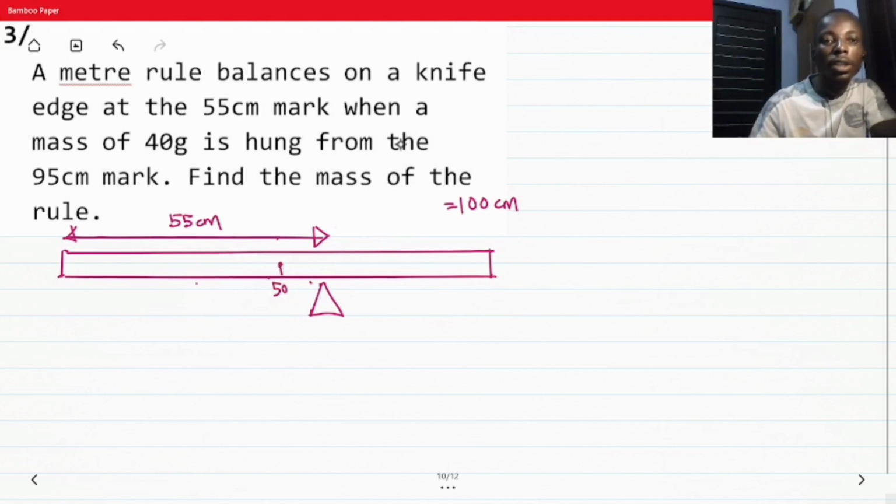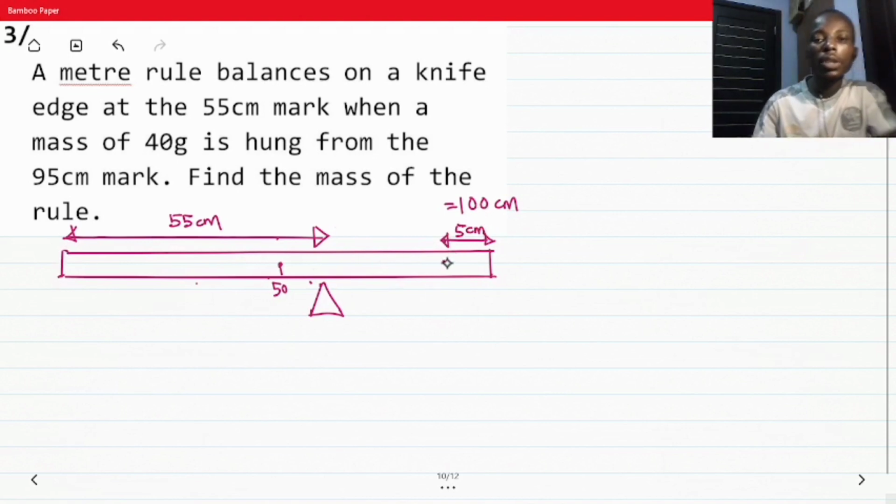And the question says a mass is hung at the 95 centimeter mark. So it means that from here to here is about 5 centimeter, because a meter rule is 100 centimeter.